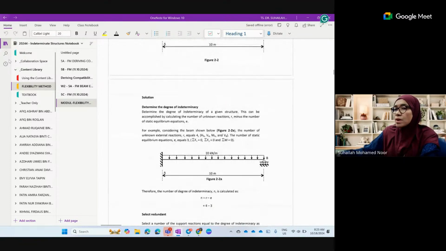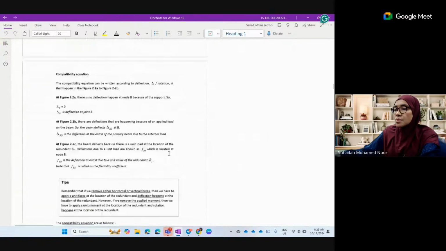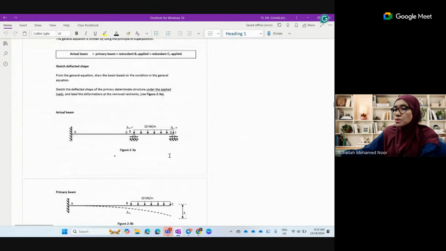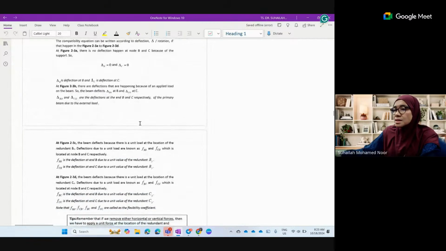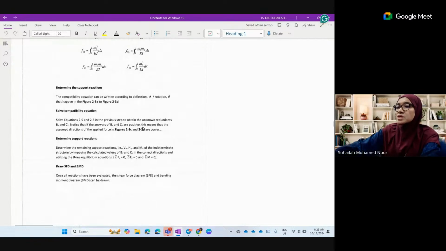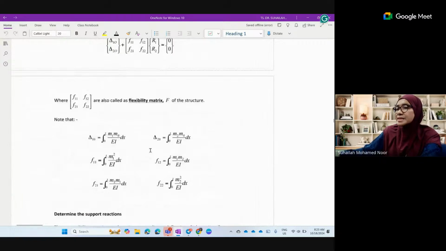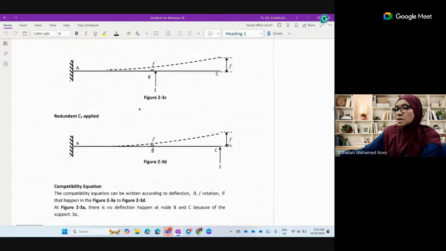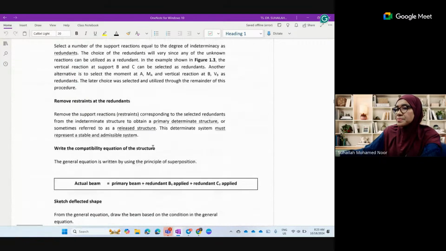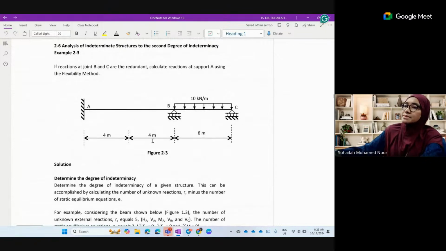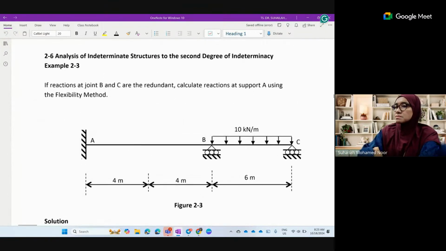This was for one redundant, right? So I will show you how to get the compatibility equation for two redundant. You can refer to these notes. Two redundant means second degree of indeterminacy.